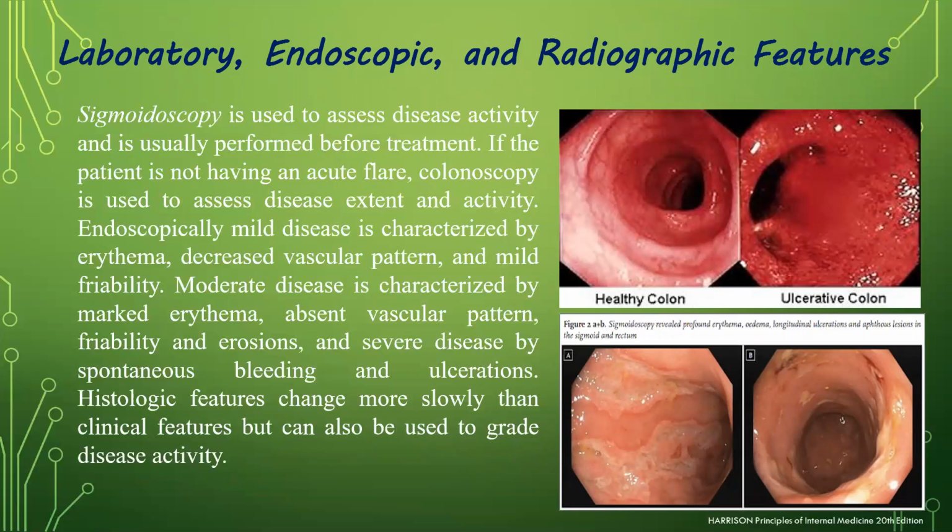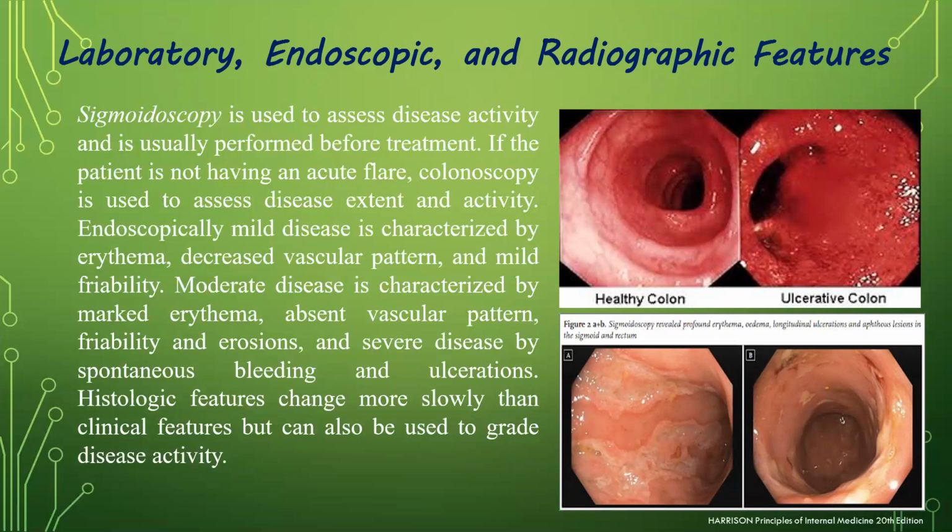Sigmoidoscopy is used to assess the disease activity and is usually performed before treatment. If the patient is not having an acute flare, colonoscopy is used to assess disease extent and activity. Endoscopically, mild disease is characterized by erythema, decreased vascular pattern, and mild friability.